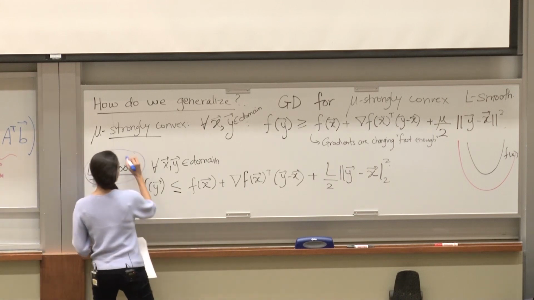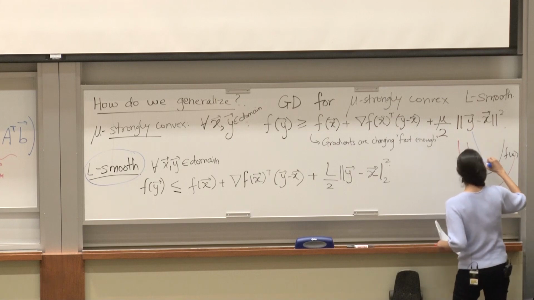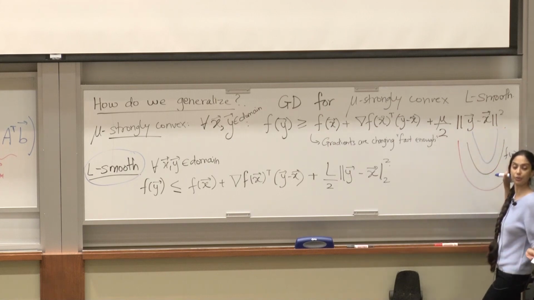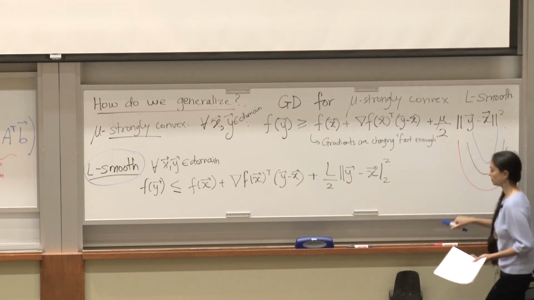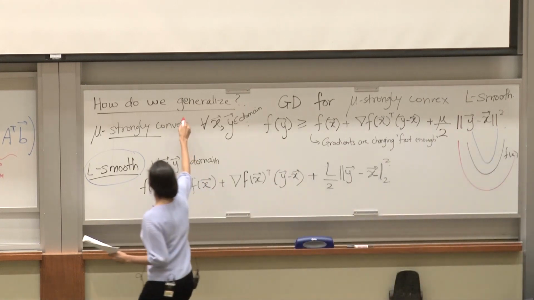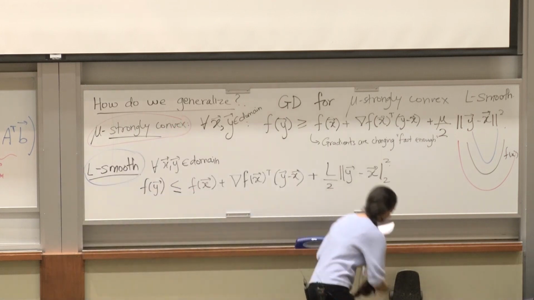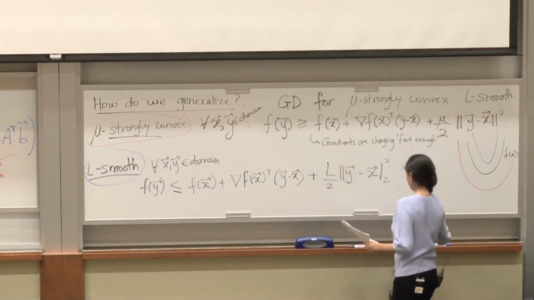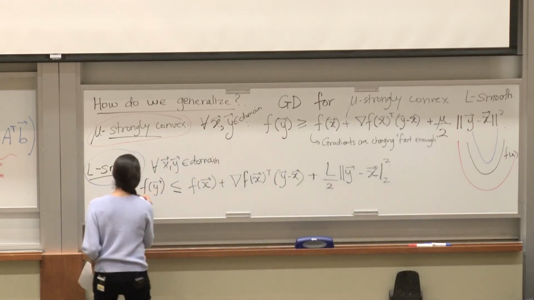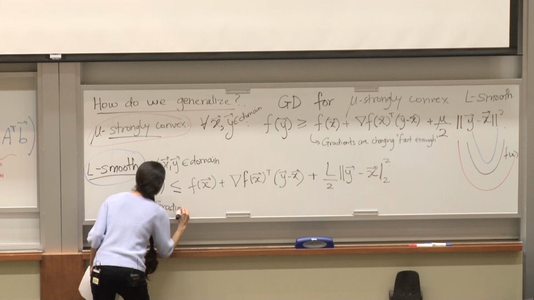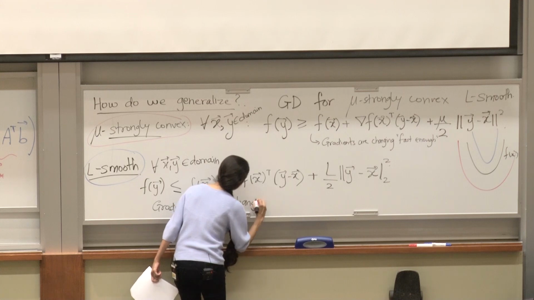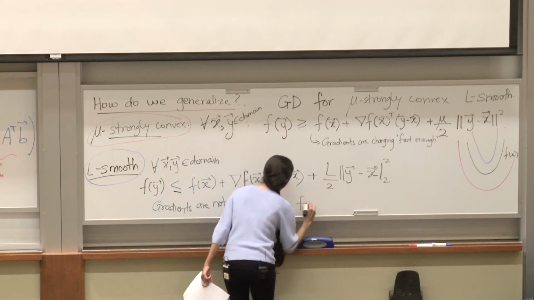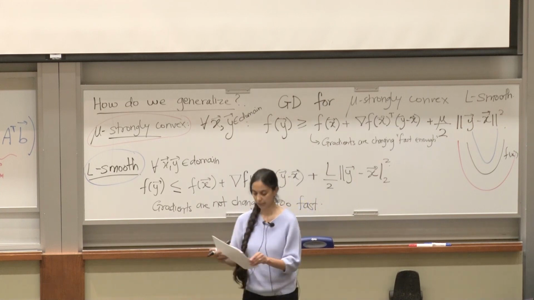And what this L smoothness is saying, and I'm drawing this picture as a cartoon, not a very accurate picture, is that there's also a quadratic above your original function. And what we want to say is that gradients are not changing too fast.